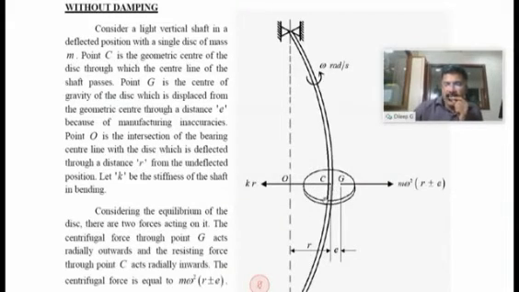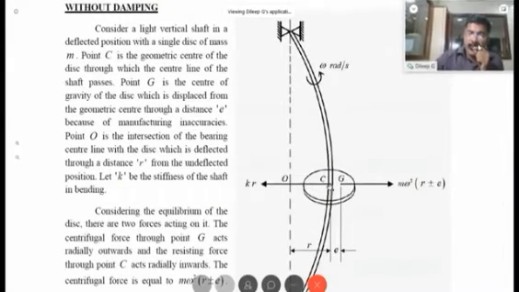Now the centrifugal force M omega square R plus or minus E is acting radially outward, which causes the deflection of the shaft. And suppose that R is the deflection at the speed omega. Now, as long as omega remains a constant, this R will also be a constant. When the speed increases, centrifugal force increases, R increases.